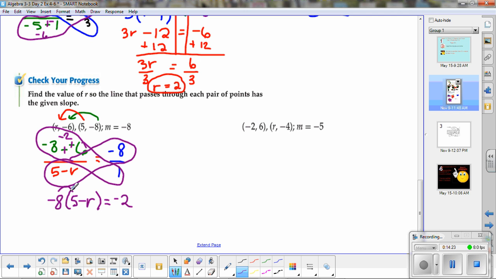Now we're going to go ahead and do the distributive property. Negative 8 times 5 is negative 40. Negative 8 times a negative r is a positive 8r. And that's going to equal negative 2. Now we want to add 40 to both sides.